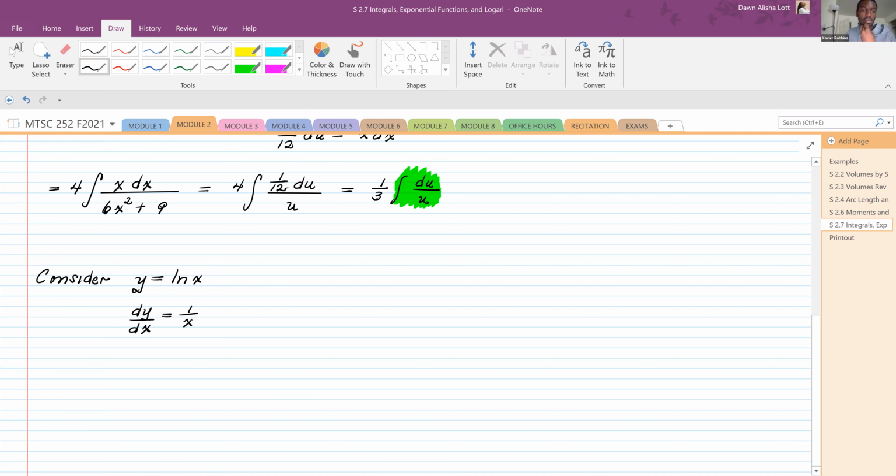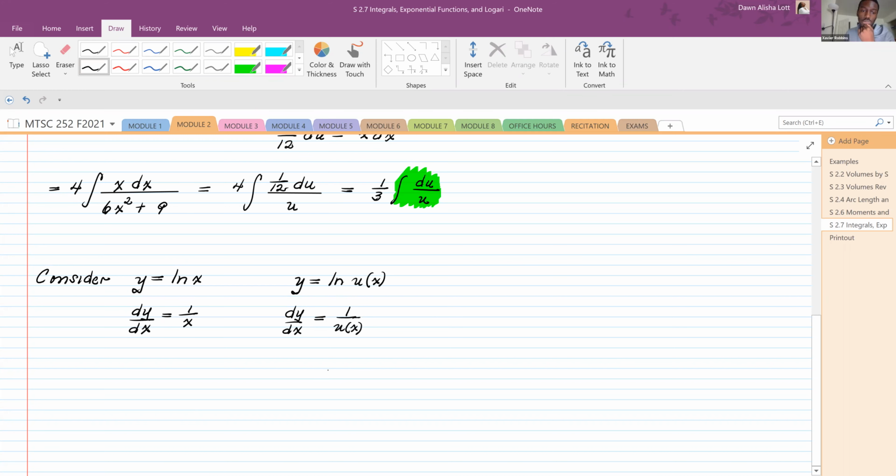Okay. If y is equal to the log of u of x, what is dy dx? 1 over u of x. Okay, but I need the chain rule. So what other piece needs to come?